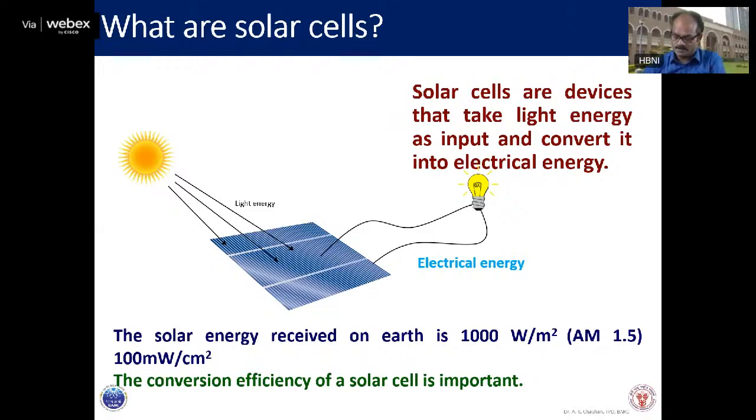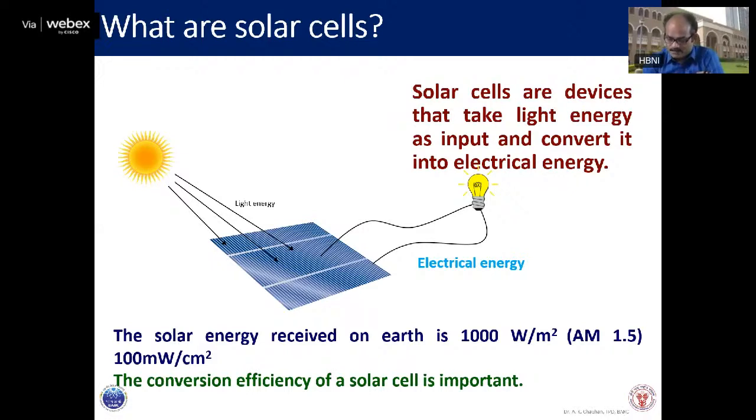Since we are receiving about 1 kilowatt per meter square, that is a big amount of energy. If you consider a small bulb, or nowadays LED bulbs, they are hardly about 15 to 20 watts.